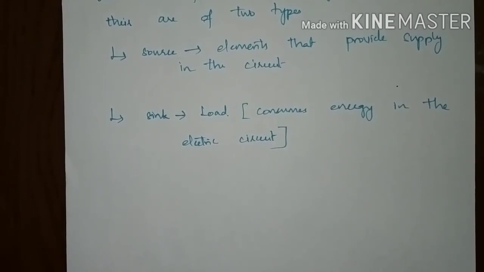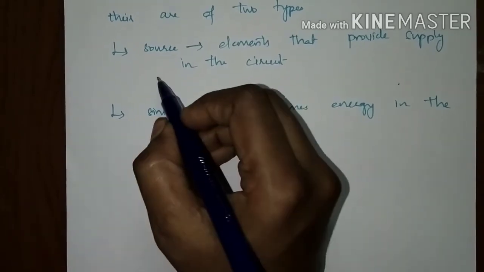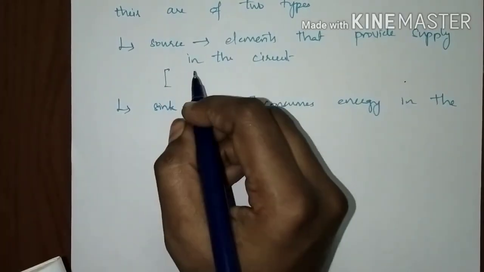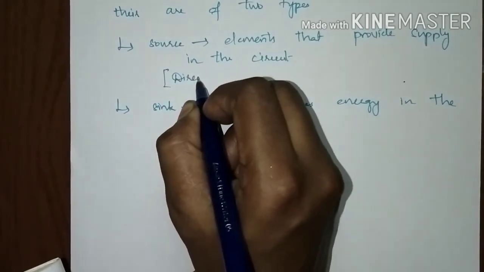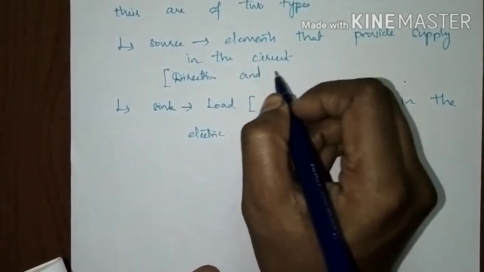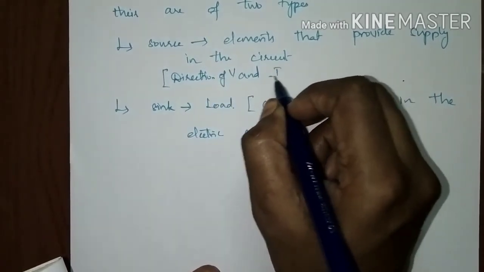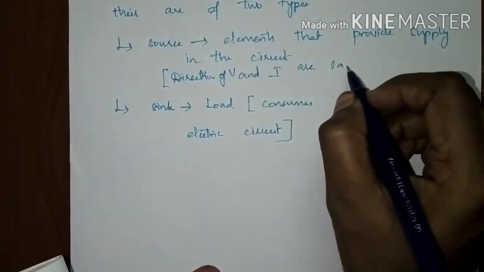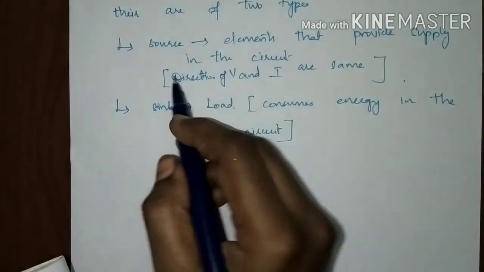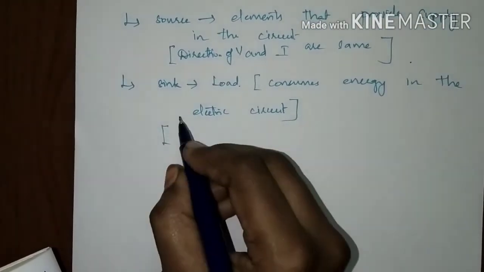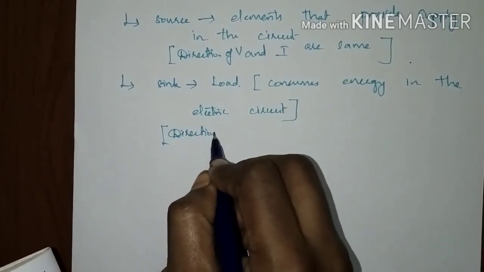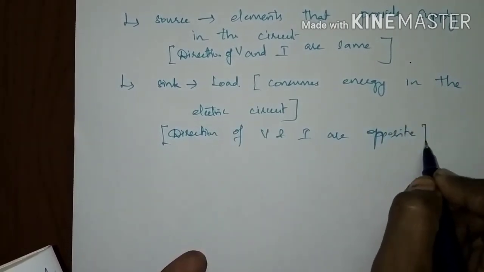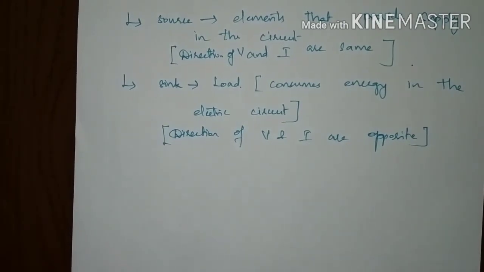If the directions of voltage and current are opposite, then that element is termed a load element. It is by using this category also that source and load can be differentiated.